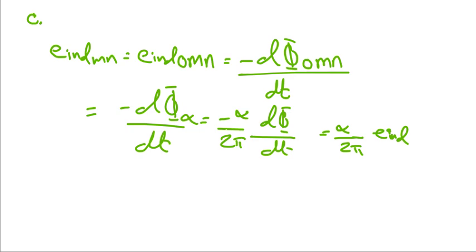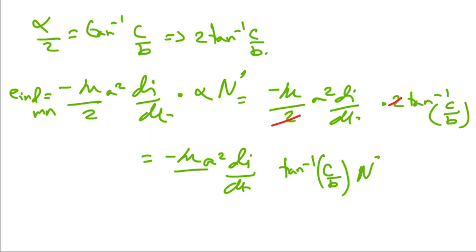I never forget the minus sign, because E induced is proportional to the negative change in the flux, and that's what we got. Times d magnetic flux over dt, and that should equal alpha divided by 2 pi times E induced, and E induced is nothing but this, right?